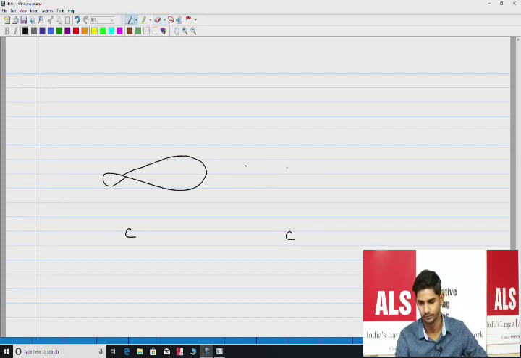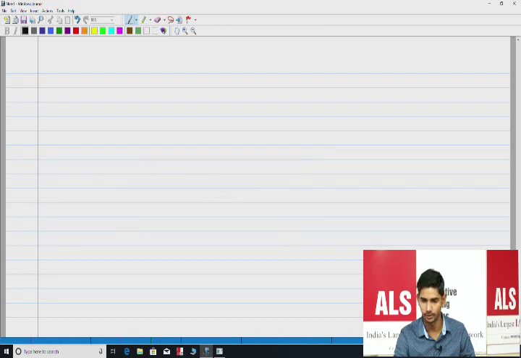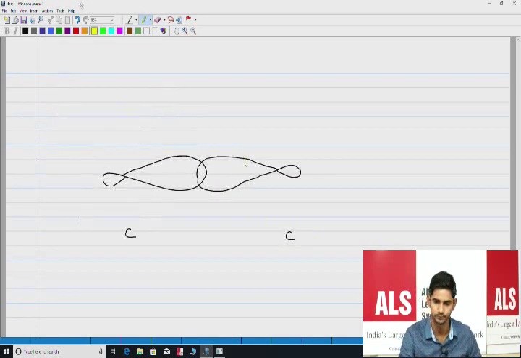One second. I'll redraw it. I won't shade it again. Okay, so this is the sigma bond between the 2 carbons. So I think I have completed this part. This bond is formed. Now I am going to draw the 3 sigma bonds on the left hand side of the carbon. Look at this.